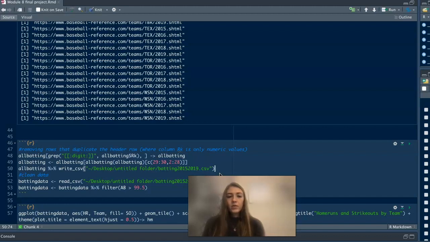To run this filter code on our batting stats table, we had to create a CSV of the entire table and then filter it off of that CSV. So this code is filtering the at-bats data for any value that's 100 or more at-bats.